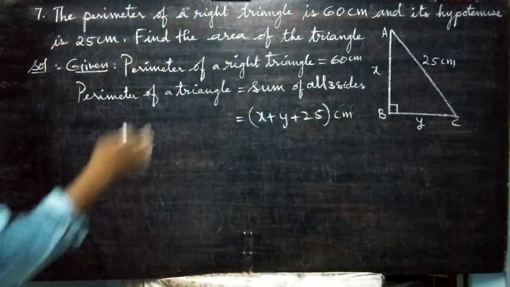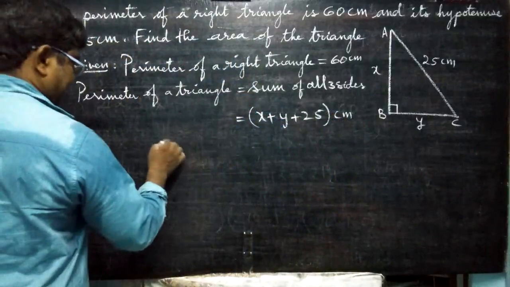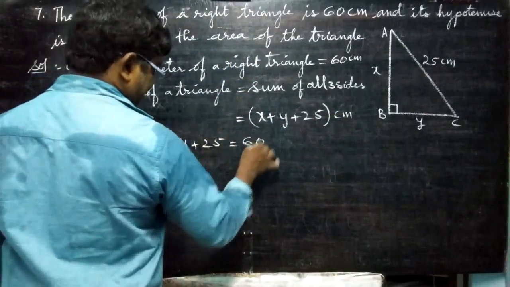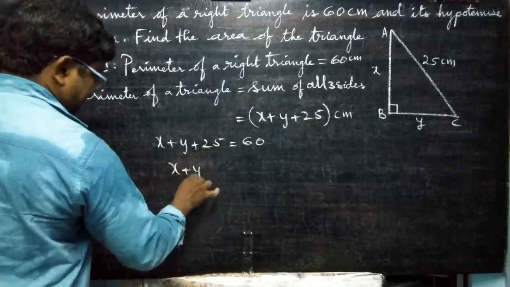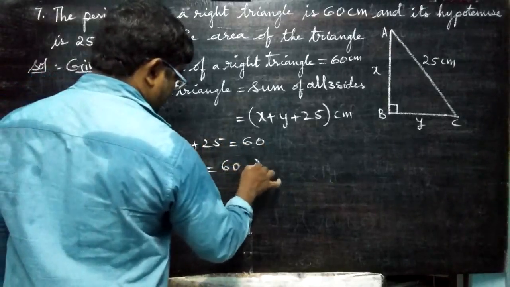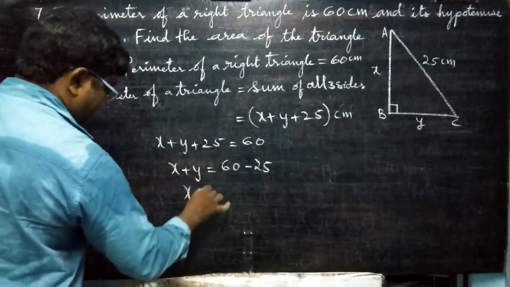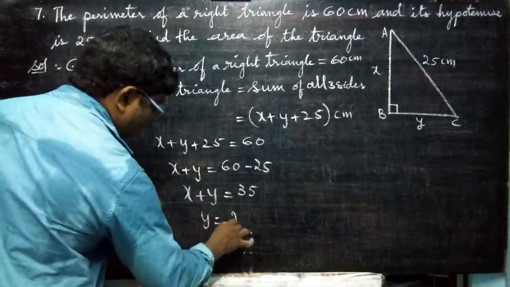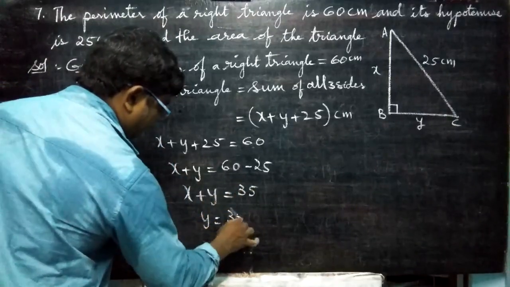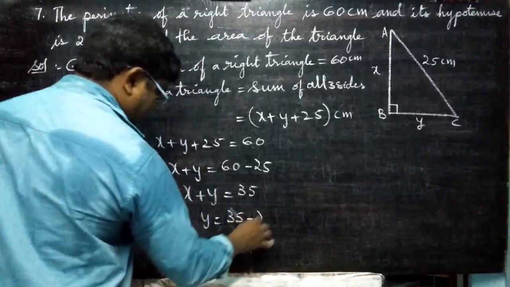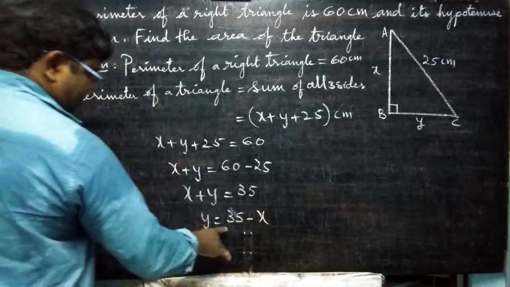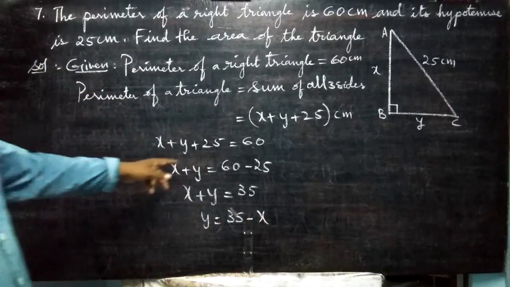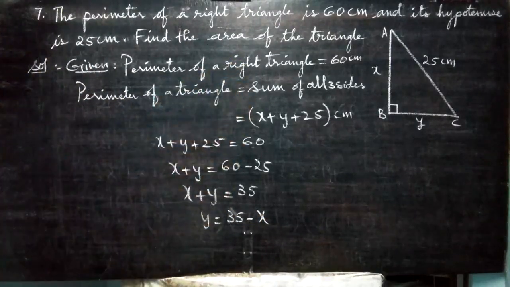Given in the problem is 60, and we got this one. So compare: x plus y plus 25 is equal to 60. x plus y is equal to 60 minus 25. So x plus y we got as 35. y is equal to 35 minus x. We want everything in x. Now we got x, y and the three sides.